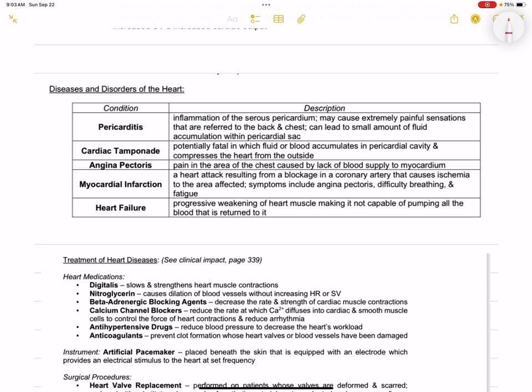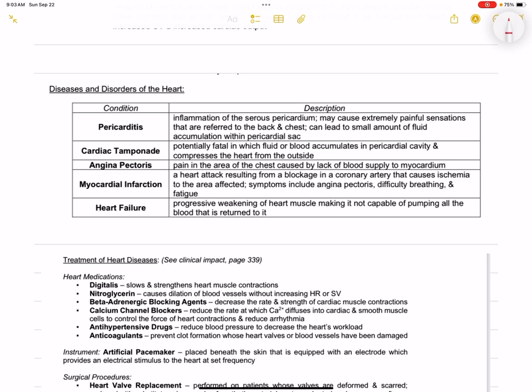So, if it accumulates, this will prevent the heart ventricles from expanding fully. The excess pressure from the fluid prevents the heart from working properly. As a result, the body does not get enough blood. Okay? That is cardiac tamponade.